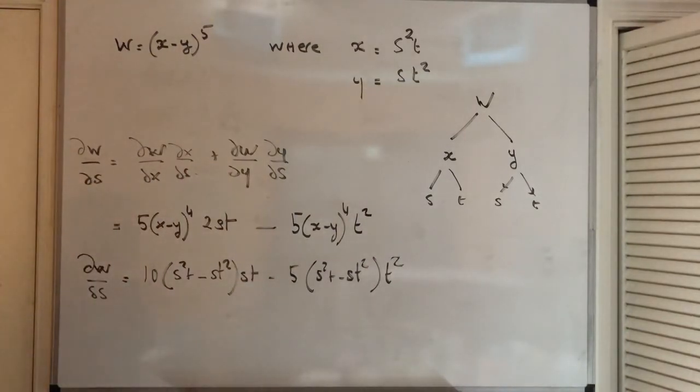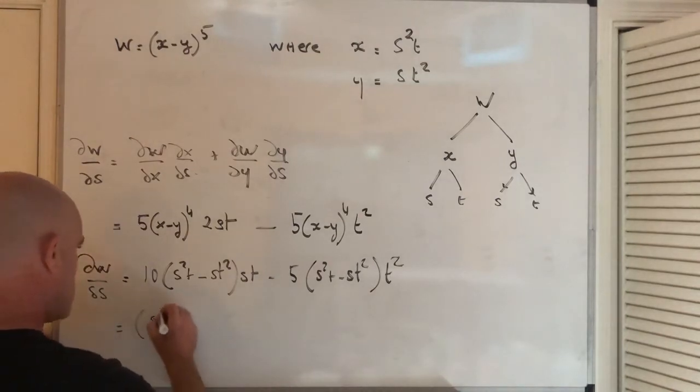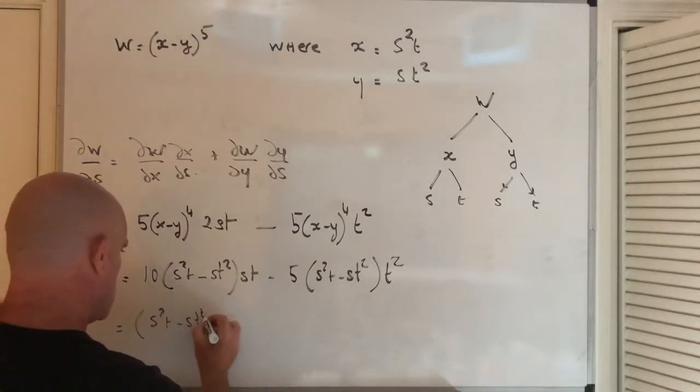You can clearly simplify these things by saying this is s squared t minus st squared.